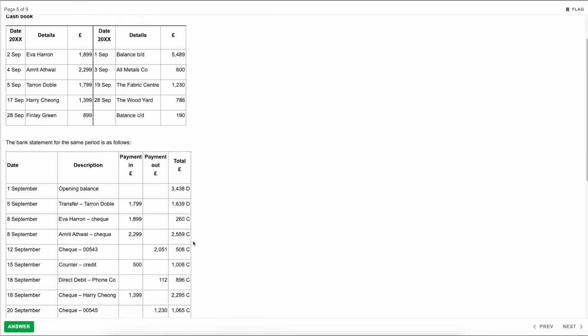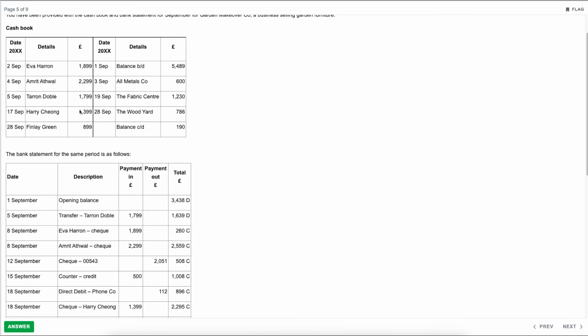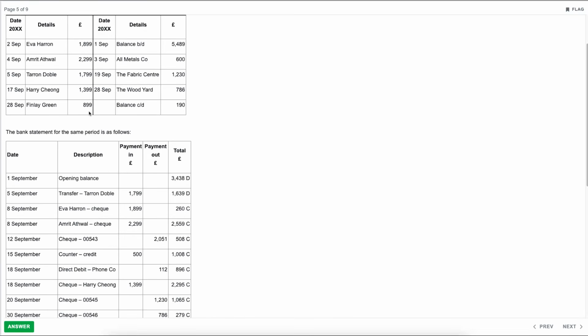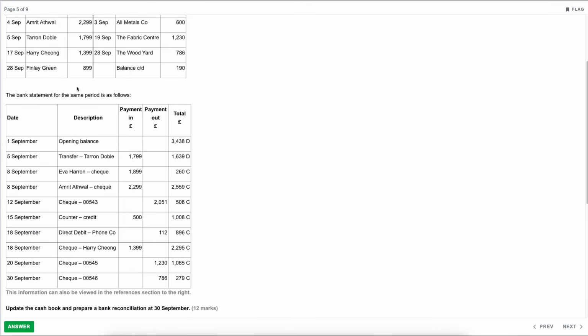So let's have a look now within our cash book, and see what is remaining that's not within our bank statement. So we checked off the 1899, we checked off the 2299, we checked off the 1799. Did we check off? We did. We checked off the 1399, 899. We didn't check that off. And yes, so we can see that Finley Green for 899 does not appear within our bank statement.